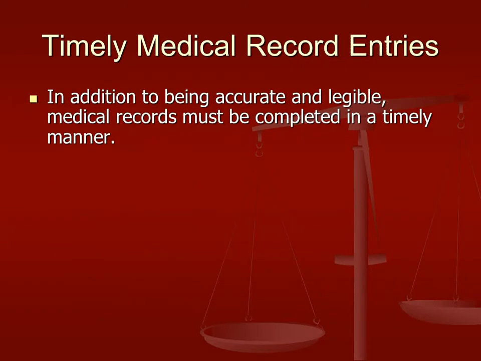Now, timeliness. And we've talked about time limits, where Joint Commission or Medicare says you have to have an H&P on a chart within 24 hours of admission. The chart has to be completed within such and such a time, 30 days. But in addition to the accuracy and the legibility of the records, it's very important for records to be completed in a timely manner.